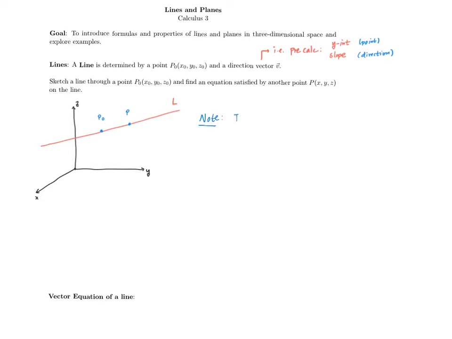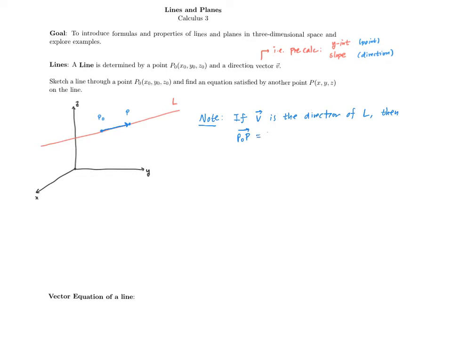So the first thing I want to note is if we let v be a vector, and it is the direction of the line. And for convenience, I'm just going to call this line L. Then if you take any vector which lies on our line, a vector that we can very clearly see as being on our line would be the vector going from P naught to P. Because v is the direction of the line, the vector joining P naught and P has to be going in that same direction.